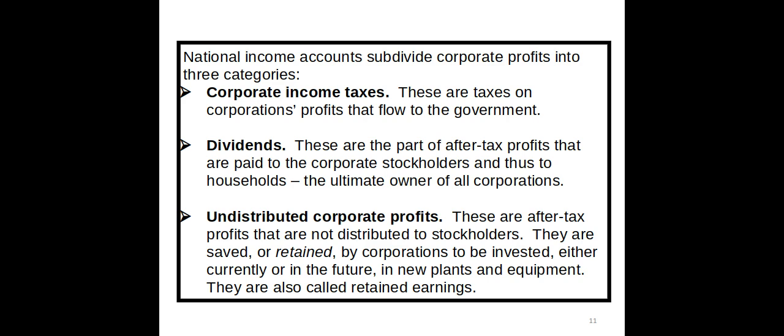That part of their profits is going to flow to the government. The dividends are going to be what flows to the stockholders or households. And undistributed corporate profits are the profits that stay within the company, typically used to help that company grow by investing in new capital goods.